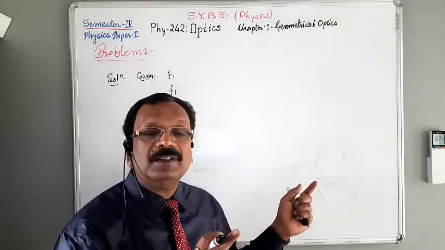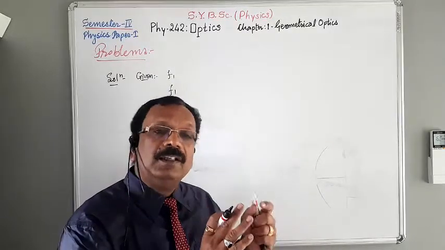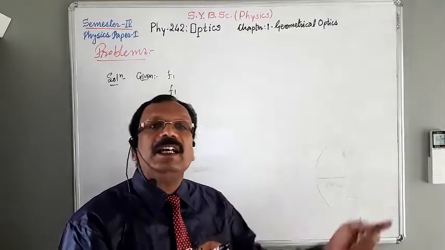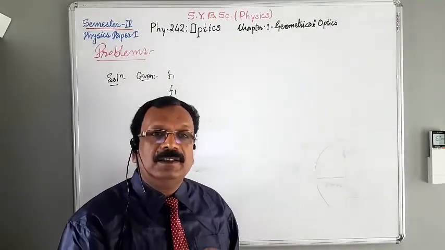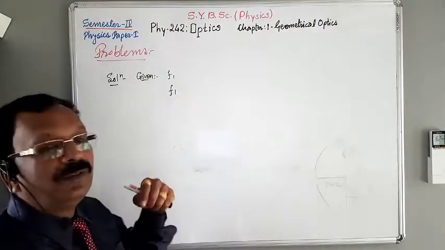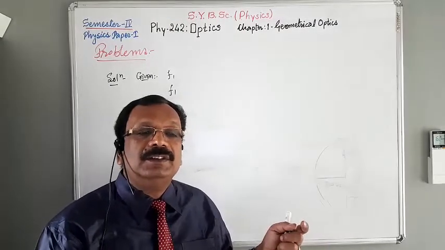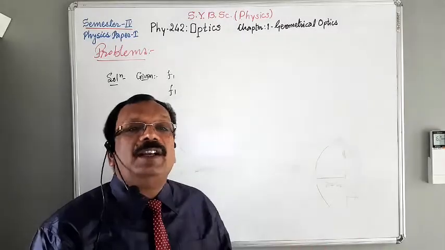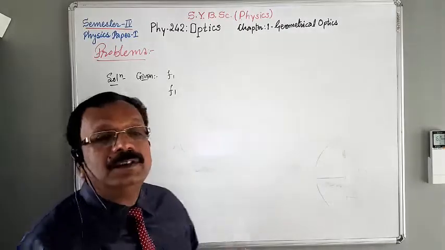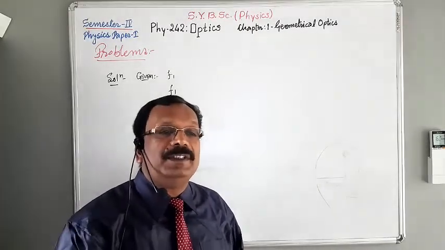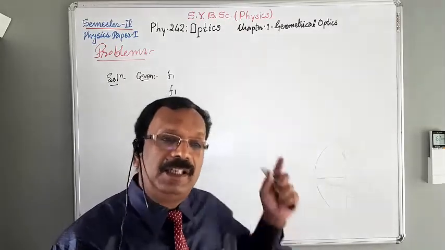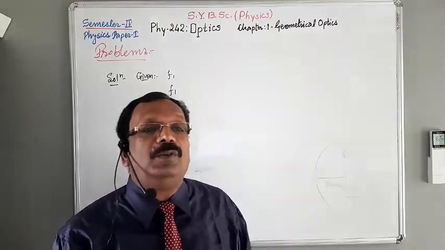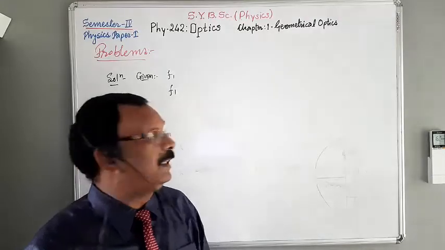Up to this point we solved problems regarding a single convex lens. Now we are going to find the equivalent focal length of a complex system, in which we have two converging lenses, that is two convex lenses.